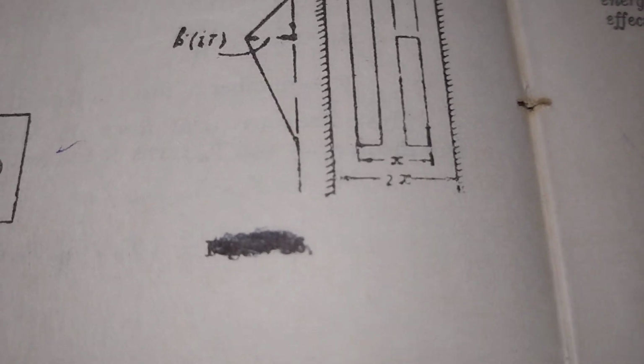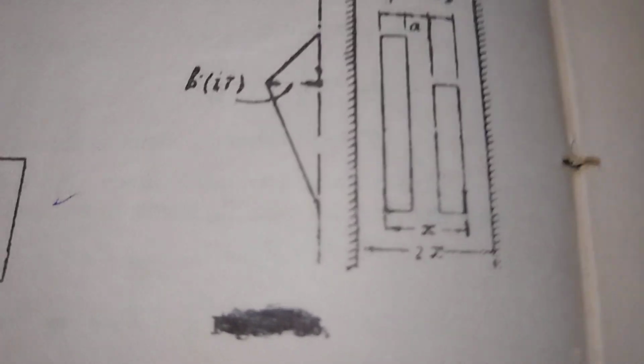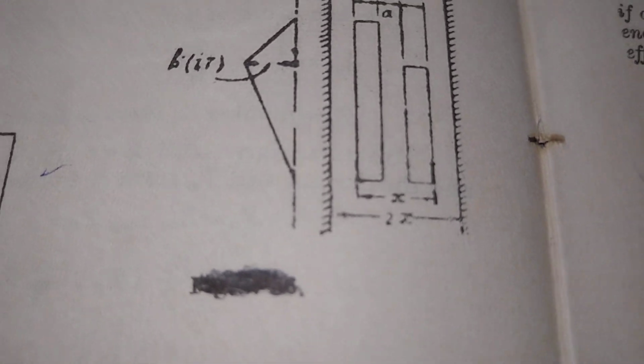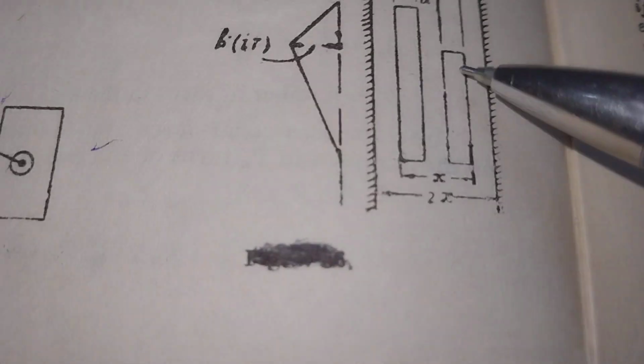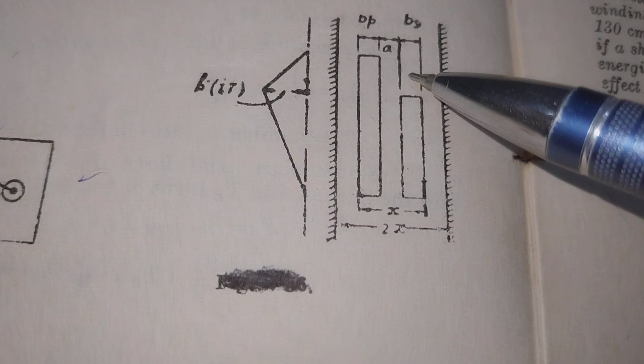This figure shows two cylindrical concentric coils, one coil being shorter than the other. See here, this coil is shorter than this coil because of tap changers.